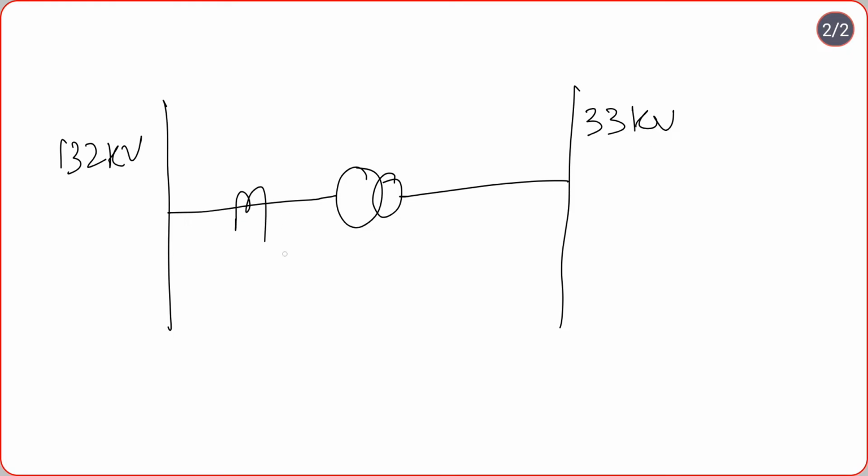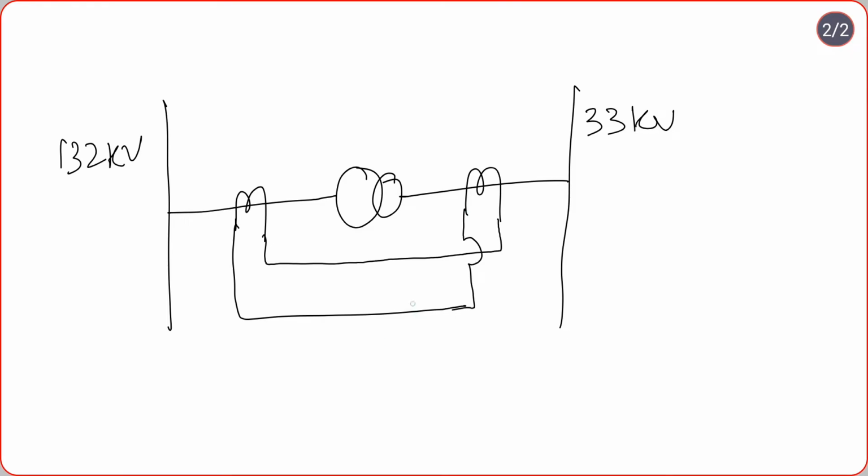We have a CT here and we have a CT on the 33 kV side. Let us say we wrongly connected it like this, and this side we connect like this. So there is a wrong connection, and we have a differential relay here.